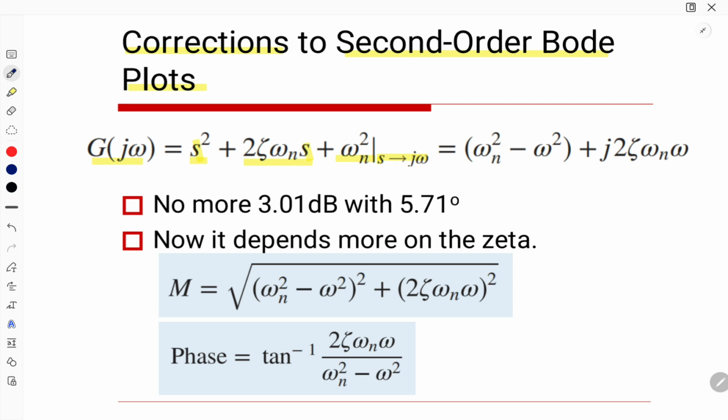So now you have j omega squared plus 2 xi omega n times j omega plus omega n squared.